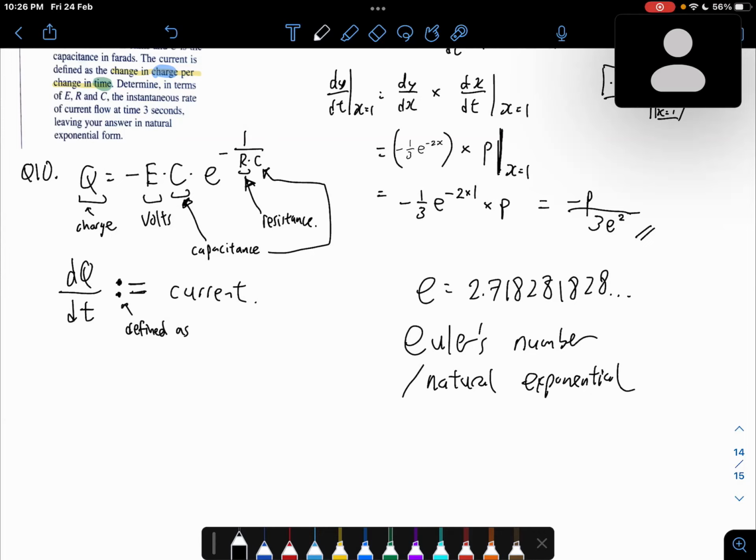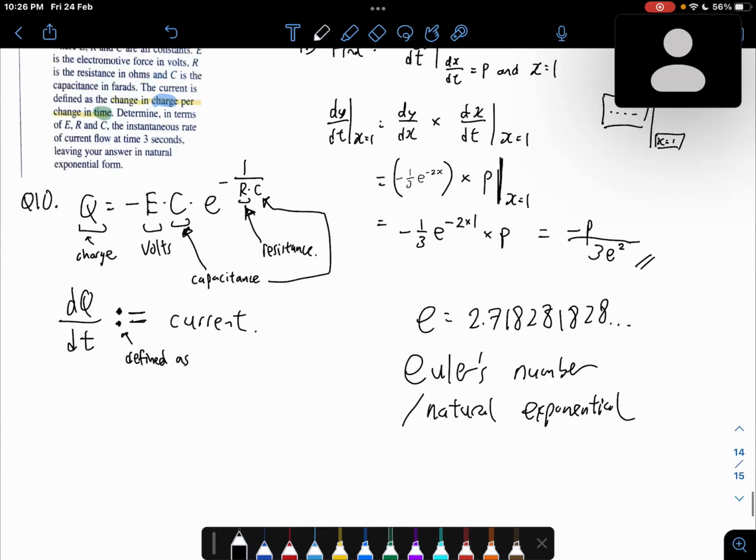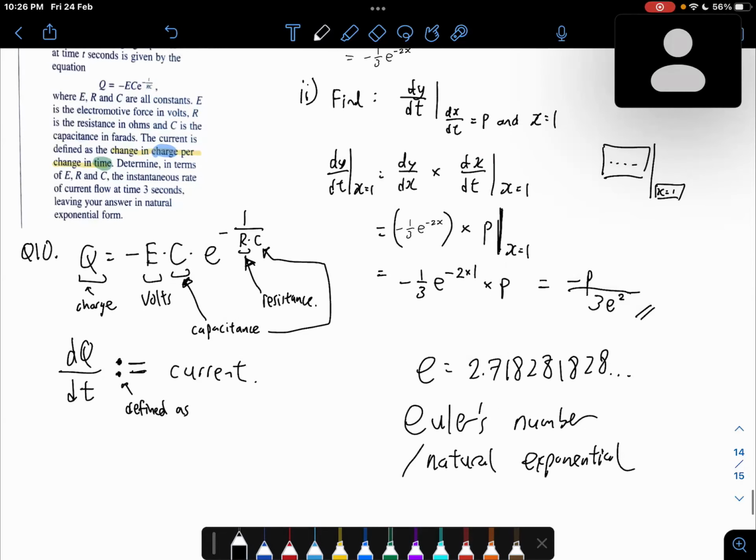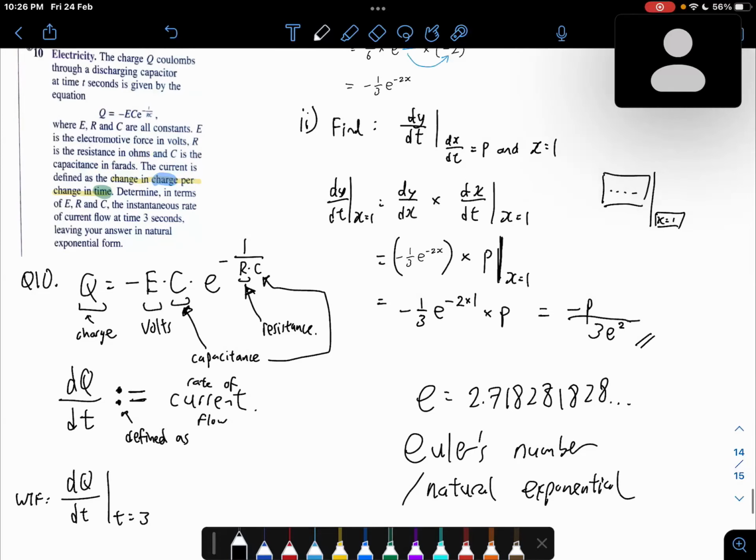If I am not mistaken, what they want is simply dq by dt. This is not just current, this is rate of current flow. All they want you to find is dq by dt given that t equals 3. Yeah, that's it.